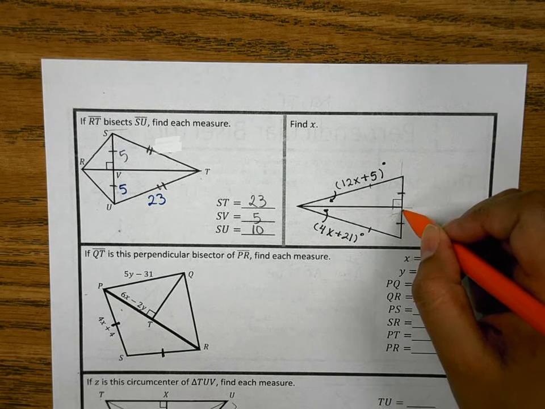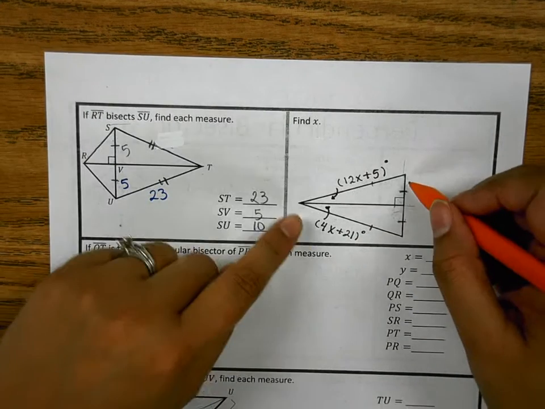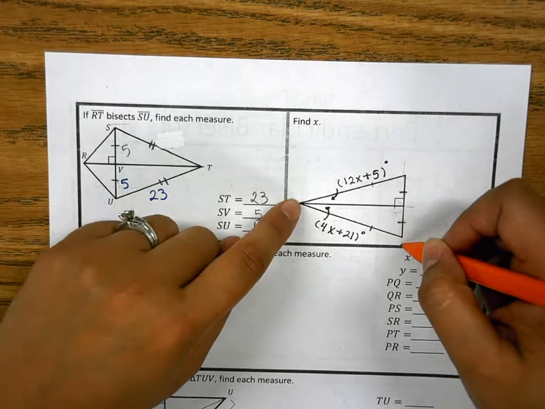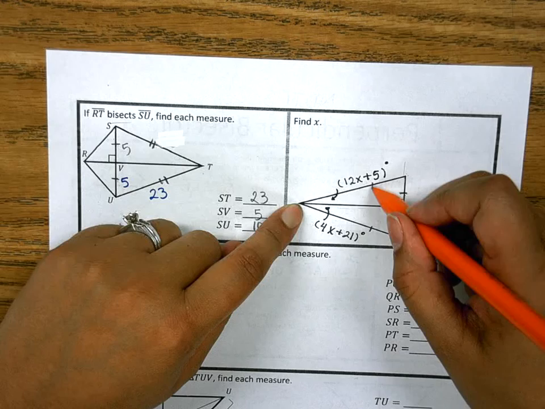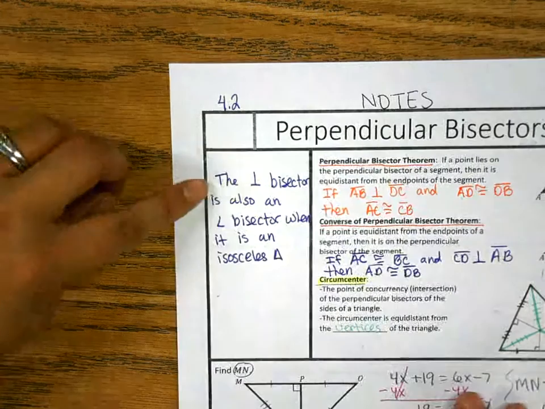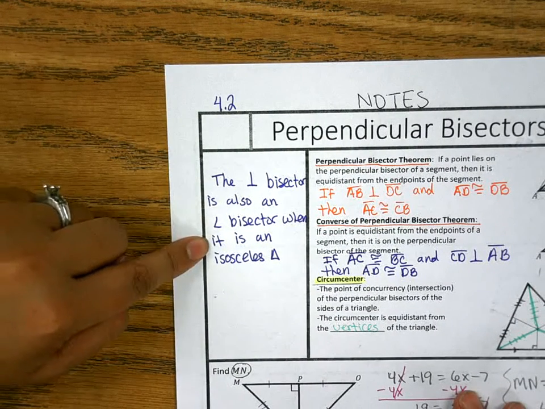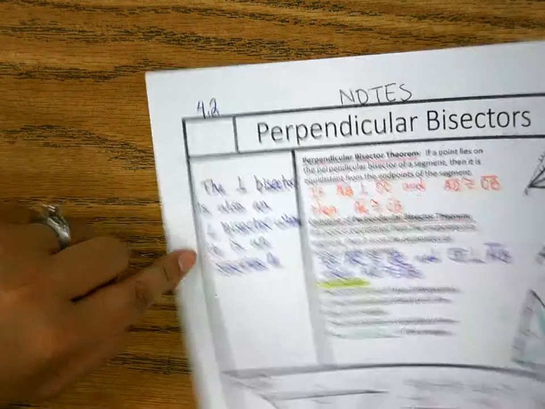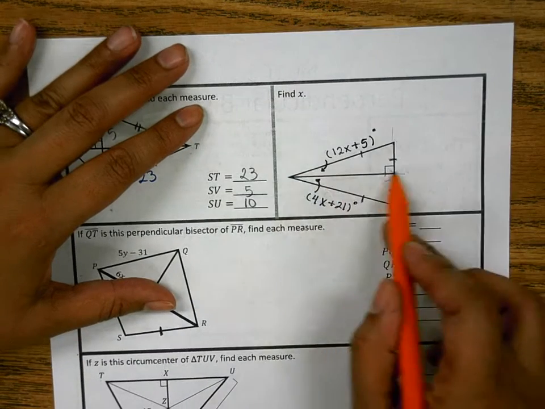All right, so again, can everybody see that this is a perpendicular bisector, which means any point on the perpendicular bisector is equidistant to the endpoints. So these two legs are congruent, which means it's an isosceles triangle. I'm going to flip back to the front. The perpendicular bisector is also an angle bisector when it is an isosceles triangle.